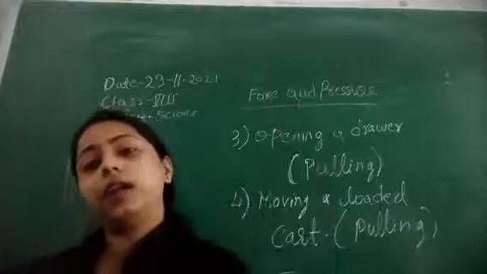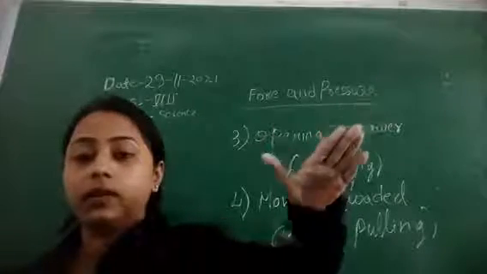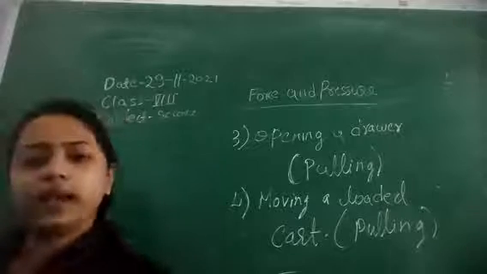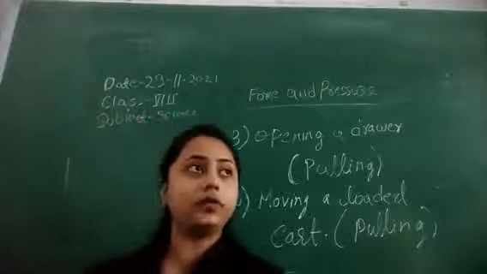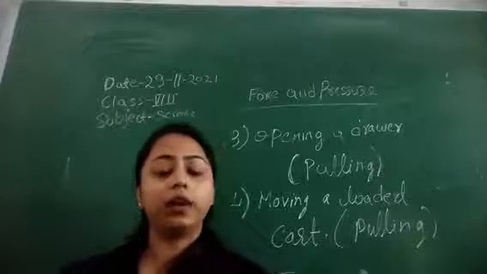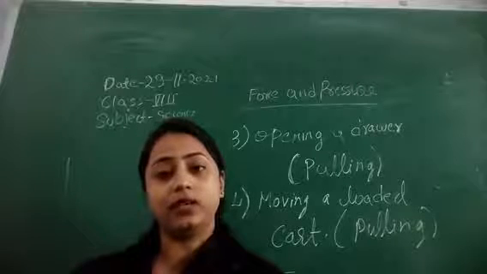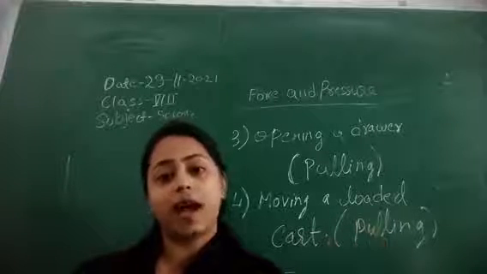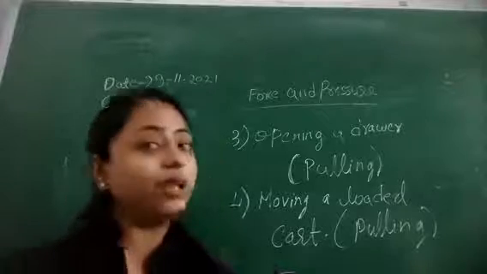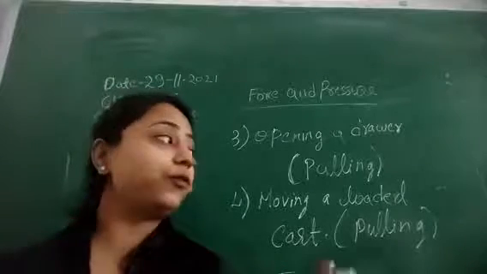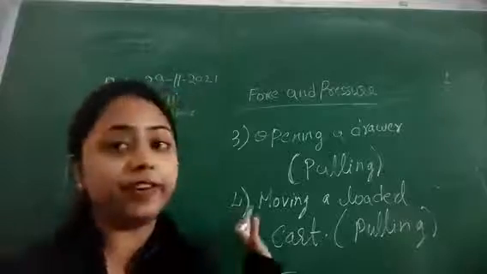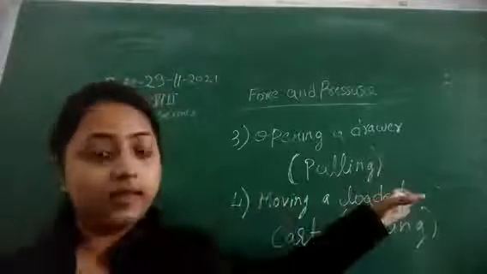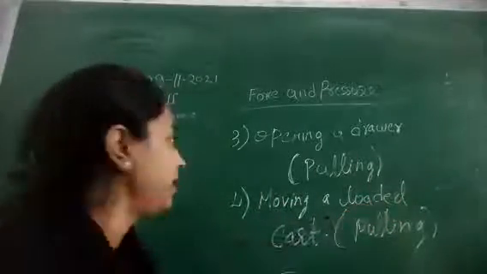And a footballer kicks the ball. In the same way, you can think of your daily life examples. You can think what kind of action is applied, and you will easily understand it.